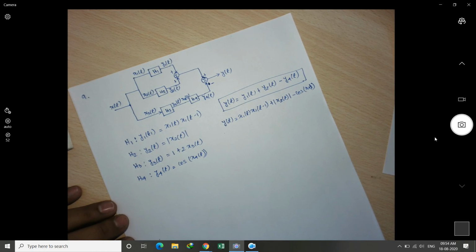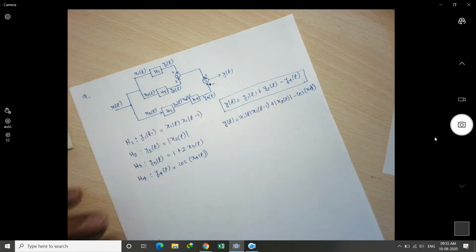So we need to define x1, x2, x3 and x4 with respect to xt, then only can we define the relation between yt and xt.